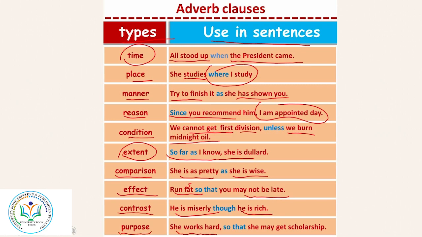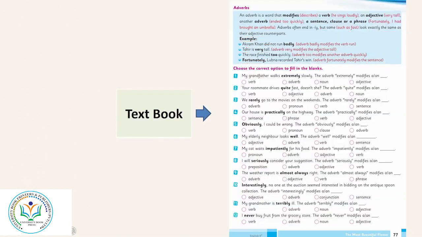Purpose: she works hard so that she may get a scholarship. So these are your sentences and clauses, with adverbs of time, place, manner, reason, condition, extent, comparison, effect, contrast and purpose used.